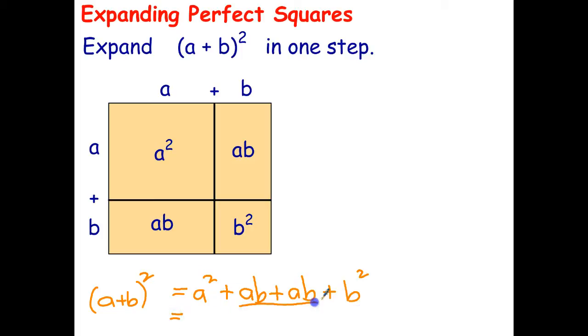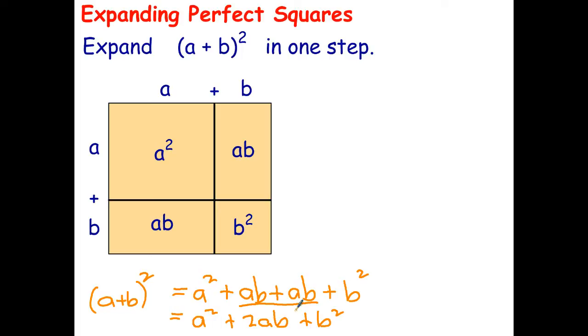And the middle two terms we can add because they're like terms, and we end up with a squared plus 2 times a times b plus b squared. And that's called expanding a perfect square.